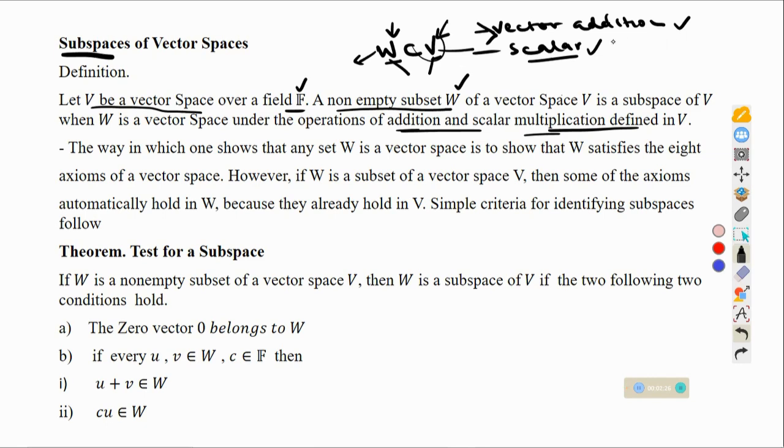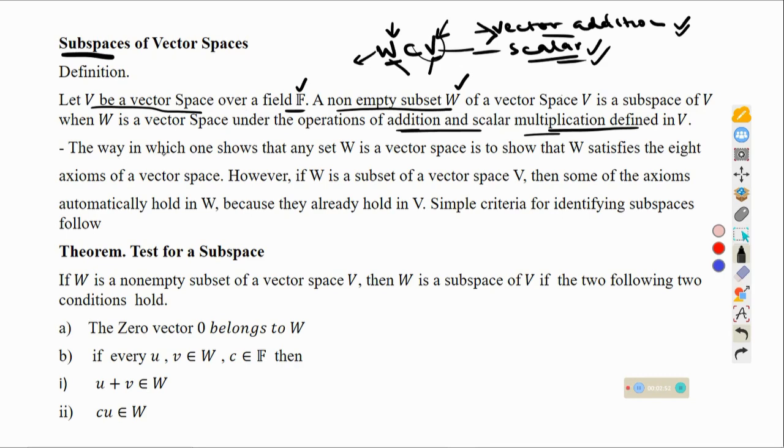So if you use these same operations and show that W is a vector space on its own using them, then W qualifies to be called a subspace.